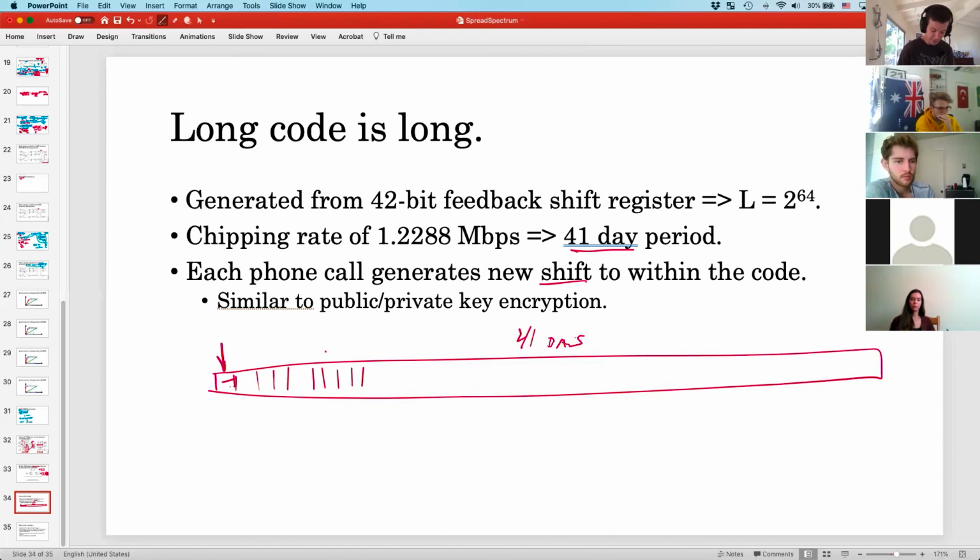Your long code might start here and run that way. But we're actually all using the same sequence of numbers. What's random is where our phase shift is within that sequence. That way you don't have to store a whole mess of sequences. You can just store the sequence and the starting index. So it saves space in memory.